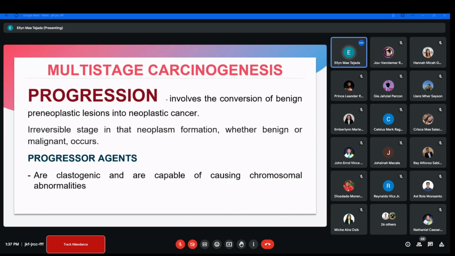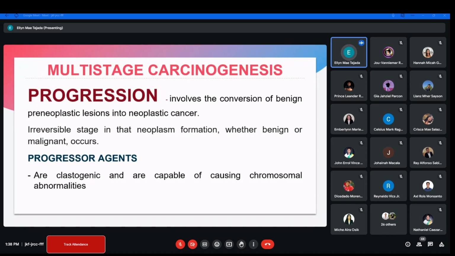In this stage, due to increase in DNA synthesis and cell proliferation in the preneoplastic lesions, additionally, genotoxic events may occur, resulting in additional DNA damage. So your genotoxic events could trigger even more the progression, or the massive production or the rapid increase of the DNA synthesis.